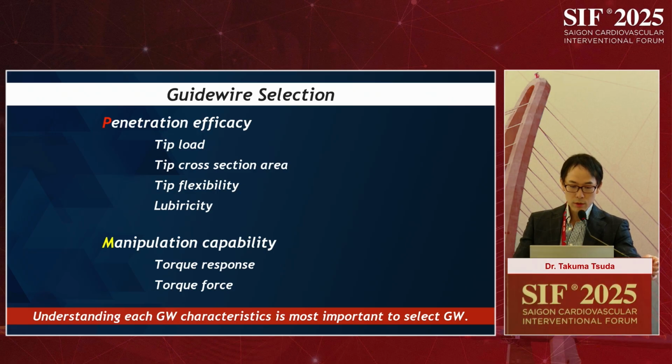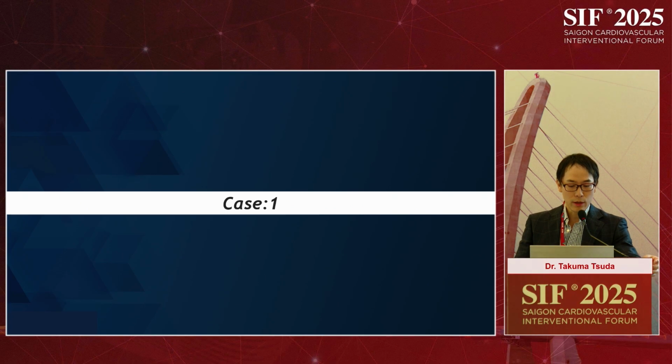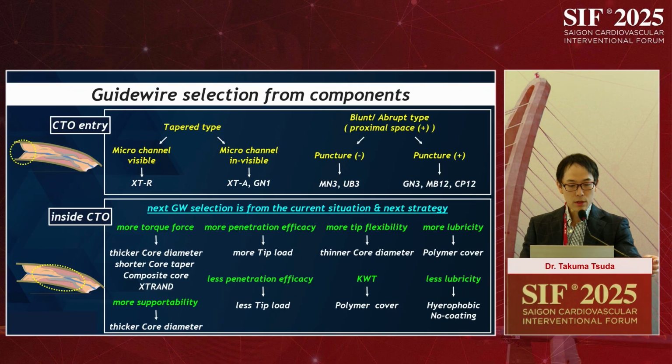Stiff does not mean the same as penetration efficacy. Stiff doesn't always mean high penetration efficacy. But anyway, in my practice, the first guide wire is derived from the CTO morphology, in terms of the anatomical features.